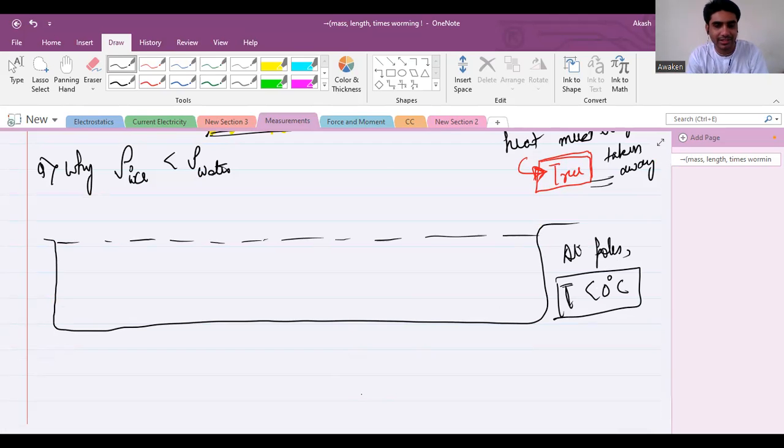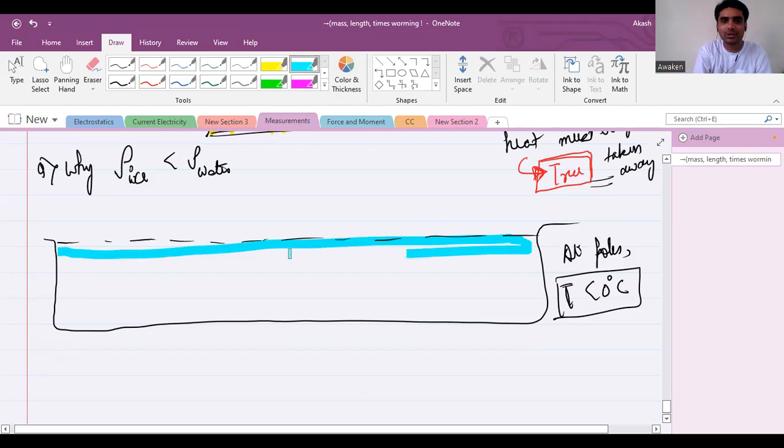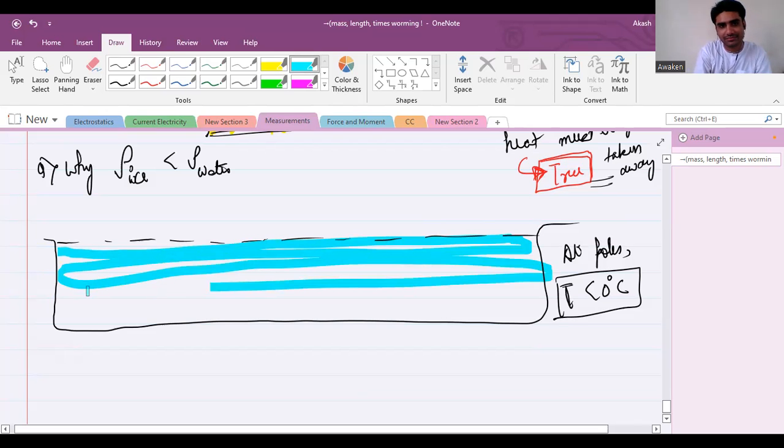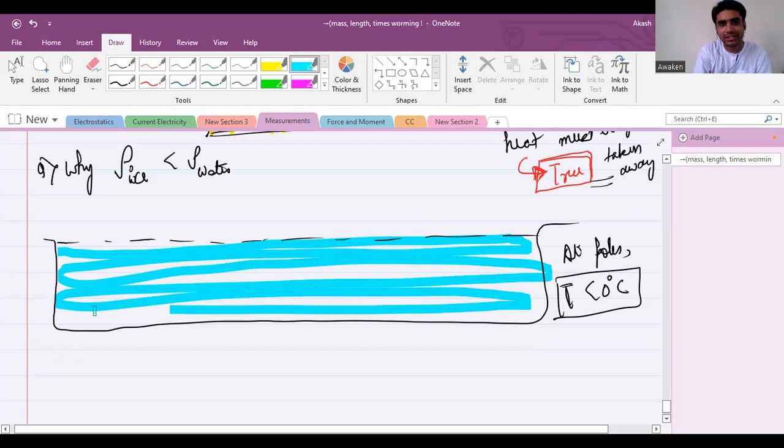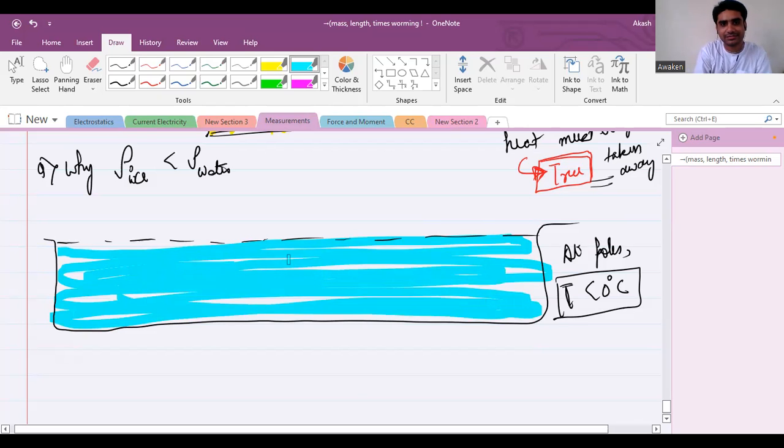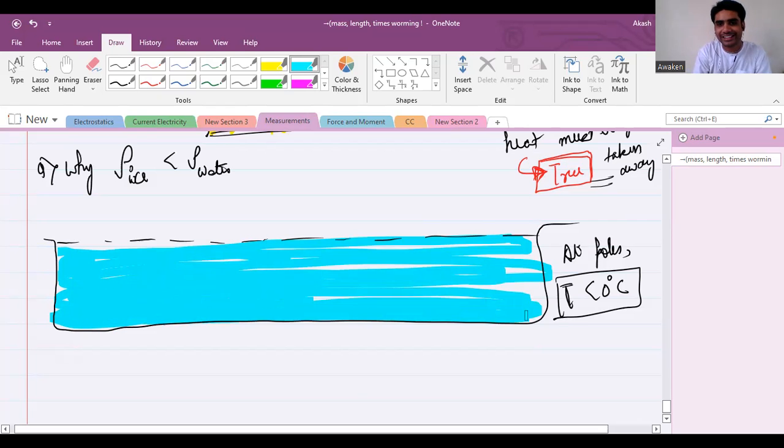Now the temperature of the entire ocean is below 0 degree centigrade. What miracle is going to happen? The entire ocean will freeze. And what will happen to the whales and dolphins? What do you think? They have to migrate.